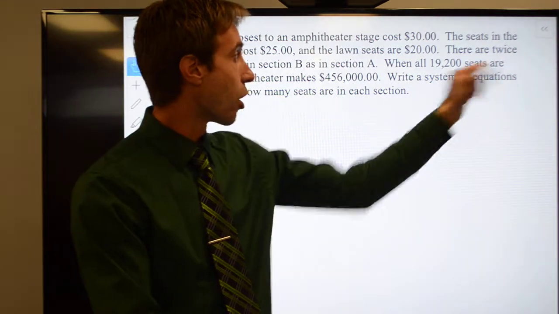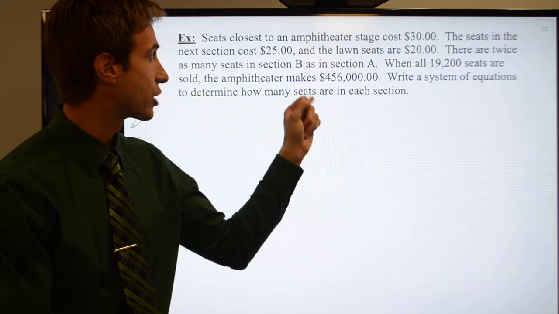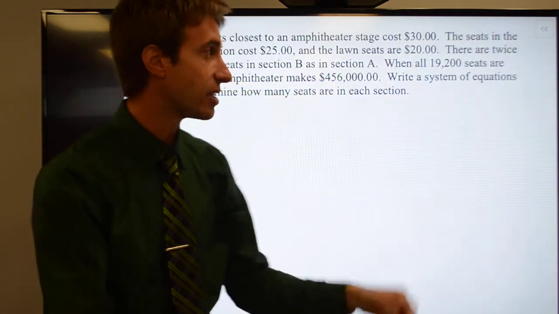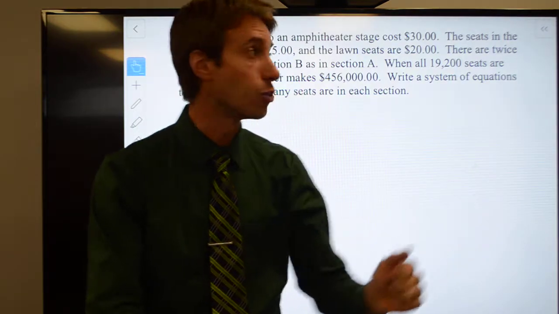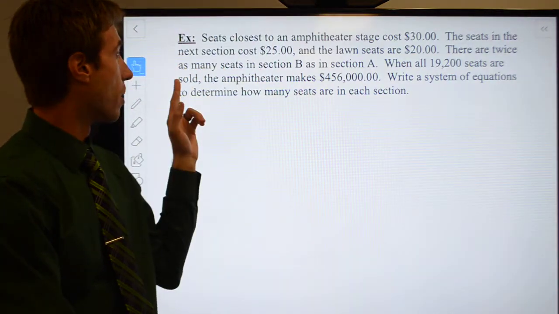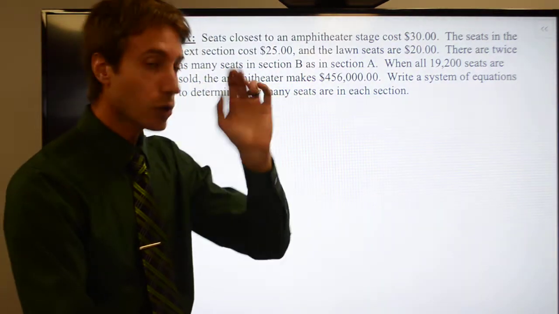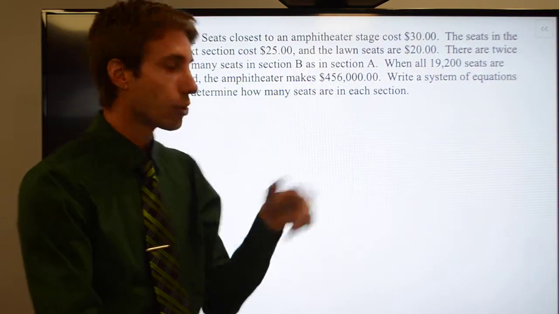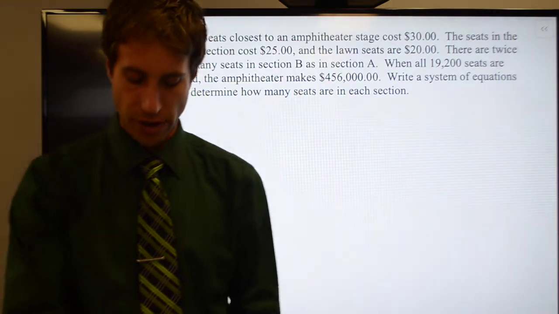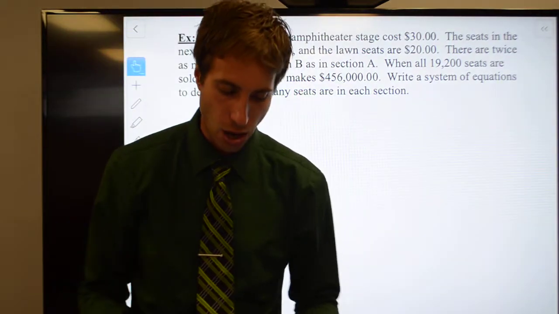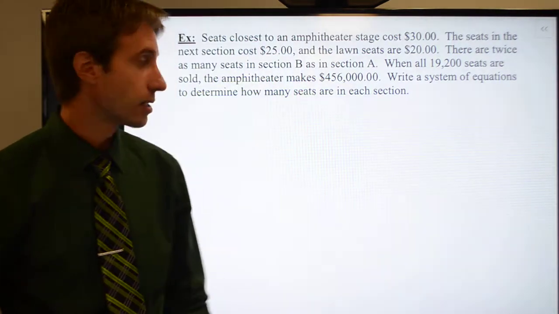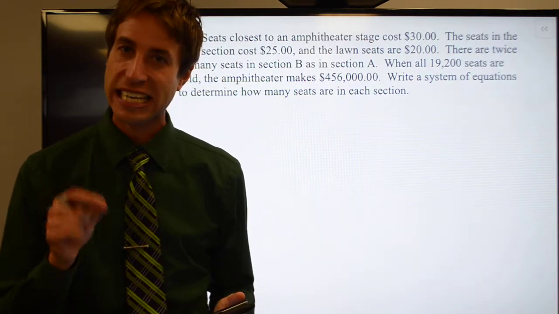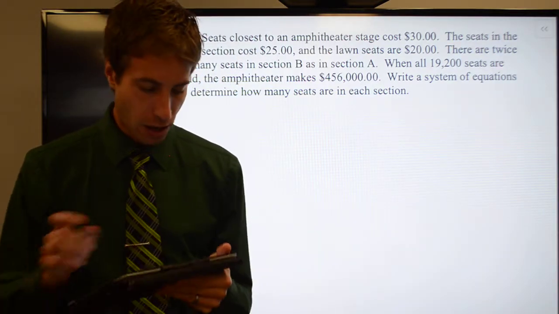There are twice as many seats in Section B as in Section A. When all 19,200 seats are sold, the amphitheater makes $456,000. Again, write a system of equations and determine how many seats are in each section of the amphitheater.